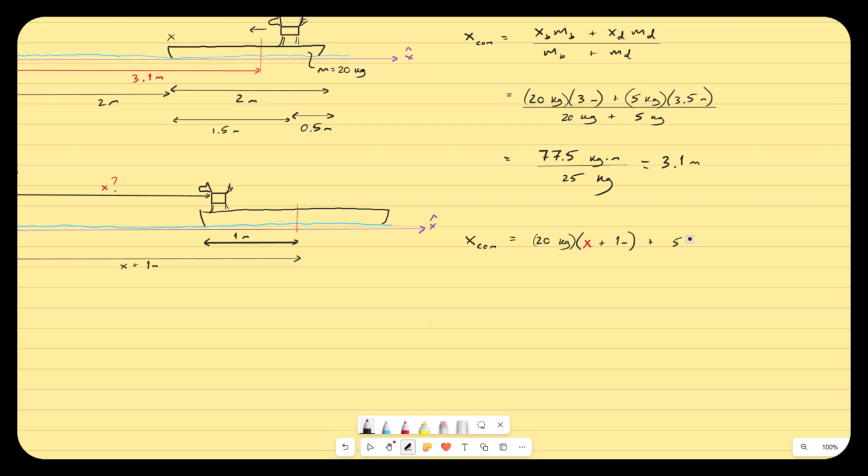And then the dog is going to be 5 kilograms times X. And I'm going to divide that still by the entire mass of 25 kilograms. My center of mass of the system can't go anywhere because all the forces that I've had have been internal. So that center of mass has to come out to be 3.1 meters. And now I've got something I can solve.